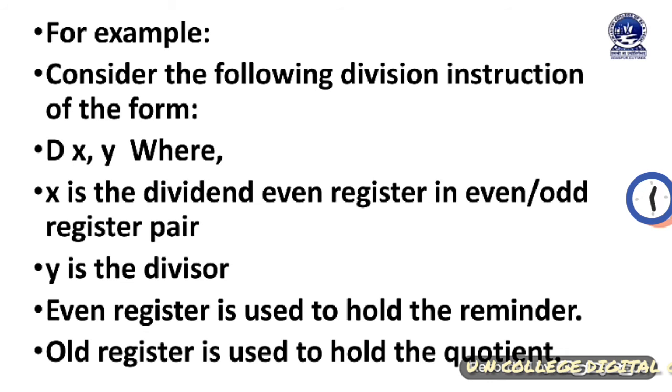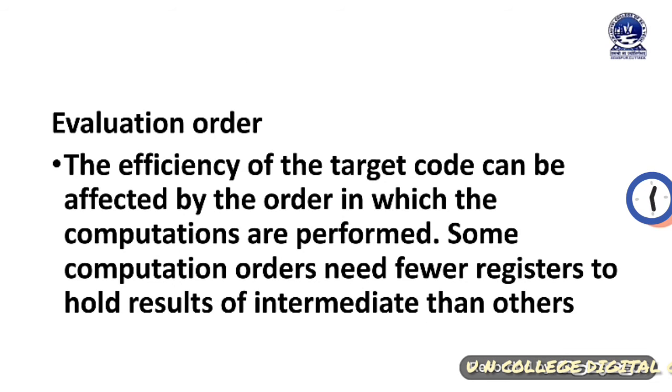There is a division instruction of the form D x y, where x is the dividend, the even register in an even-odd register pair, and y is the divisor. The even register is used to hold the remainder, and the odd register is used to hold the quotient. Okay, in this way we have to be very careful during register allocation, assignment, etc.